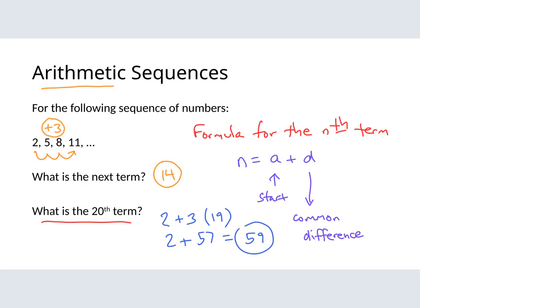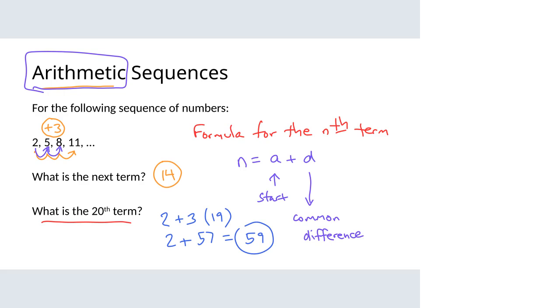The difference between each term, how far is it between each term, that common difference. When we have that, it's the same every single time. That's how we know we have an arithmetic sequence. And so we're going to have that D.